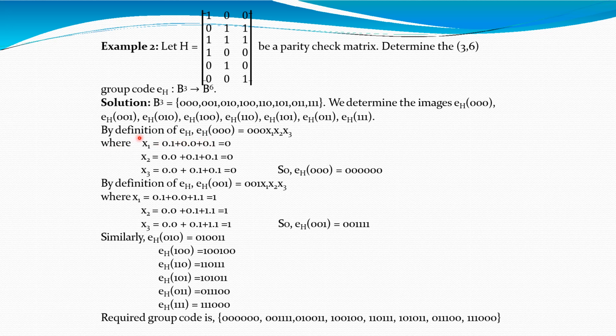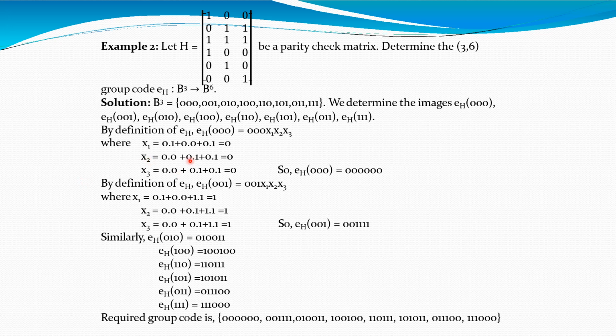Again, x1 will be this row 0, 0, 0 multiplied by first column 1, 0, 1. So it is 0 into 1 plus 0 into 0 plus 0 into 1, which is 0. Same way, x2 is equal to this row 0, 0, 0 multiplied by second column 0, 1, 1. So it is 0 into 0 plus 0 into 1 plus 0 into 1, which is 0.